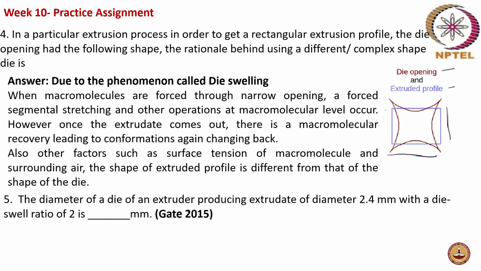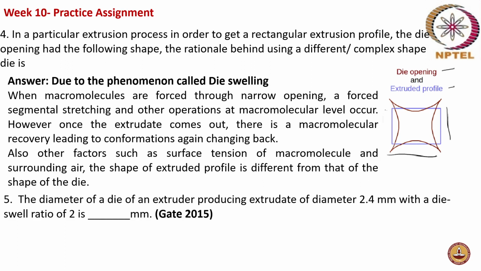Next, the diameter of a die of an extruder producing extrudate of diameter 2.4 mm with a die swell ratio of 2 is dash mm. This is a GATE 2015 question. What is asked is that the extrudate from the extruder has a diameter of 2.4 mm and they have given the die swell ratio as 2. They are asking what should be the diameter of the die.